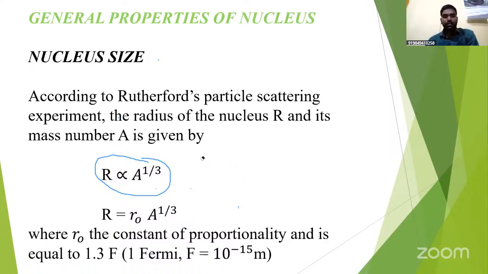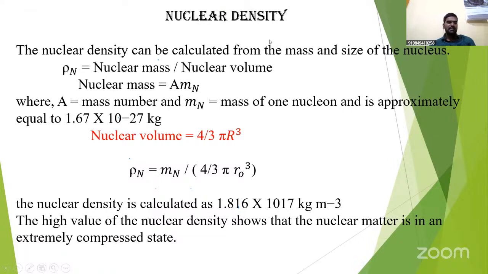Next, we will see the nuclear density. The nuclear density can be calculated from the mass and size of the nucleus. So we need the mass and size of the nucleus, because what is density actually?